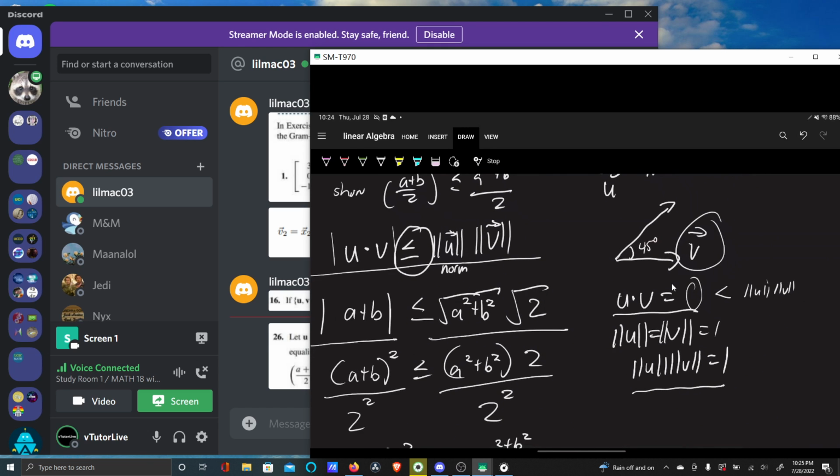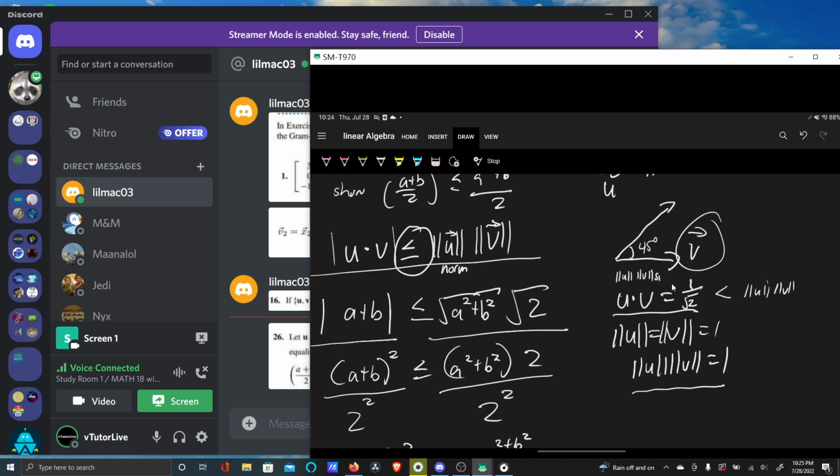If they're off by 45 degrees, we'll have to remind ourselves here. Sine of 45 is 1 over root 2. Right? Because U dot V is just the magnitude of U times the magnitude of V times the sine of 45.